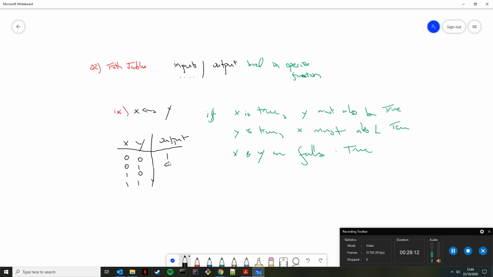This is 0. So x implies y is true, but y implies x is false. So it is false. Same here, x implies y, that's immediately false, so 0. And last one, x implies y, true, y implies x, true. 0, 0.